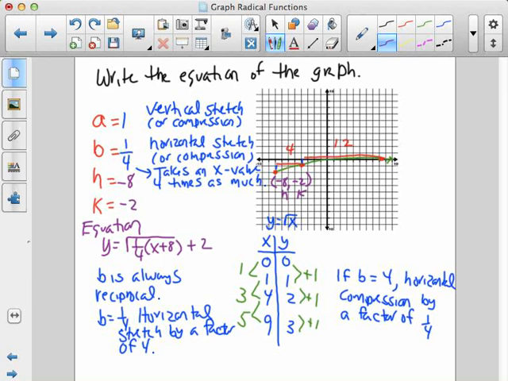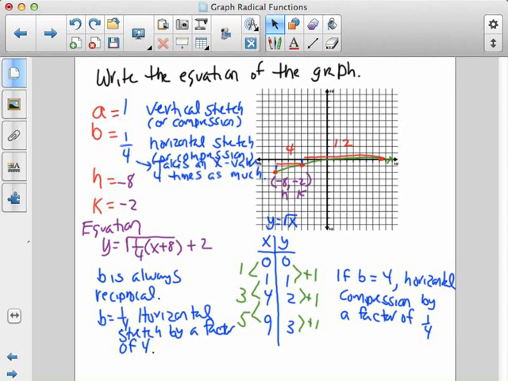And you might think, hey, couldn't I take the square root of that 1/4 and make that 1/2 in front? And actually, you could. So sometimes our equations can be written more than one way, and it's an equivalent equation.